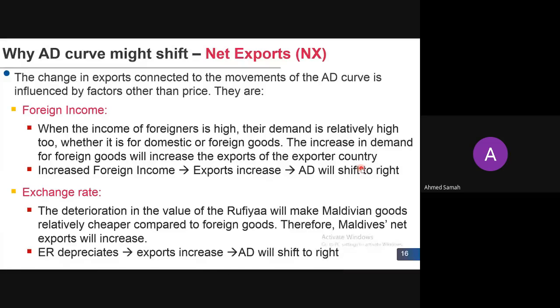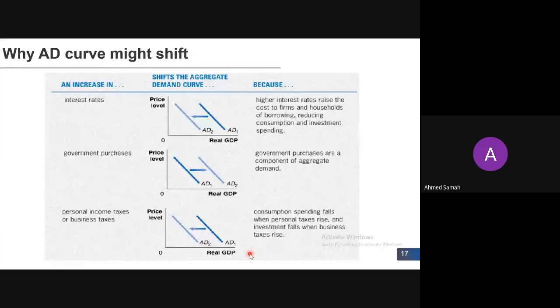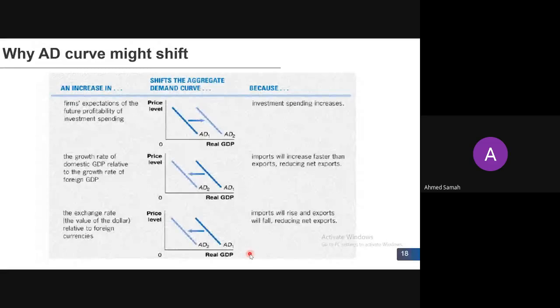So when the exchange rate depreciates, there will be an increase in exports leading to the aggregate demand curve shifting rightwards. I have put some more details of those things. You can go through it later.